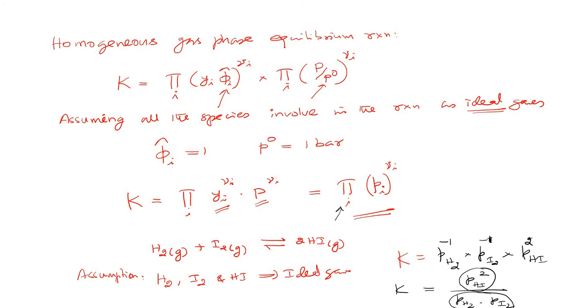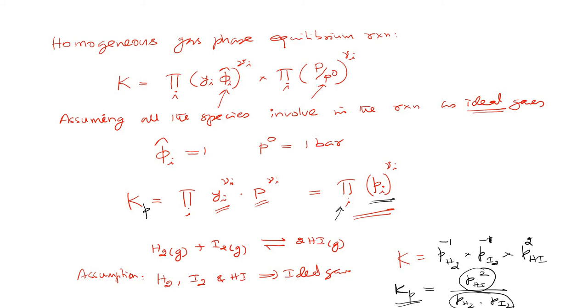Since this equilibrium constant involves only partial pressures, you can represent it as Kp, the equilibrium constant in terms of partial pressure.